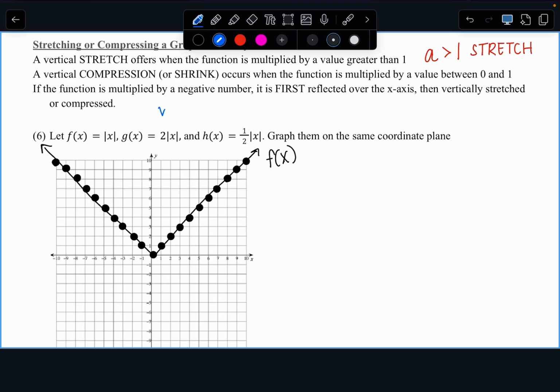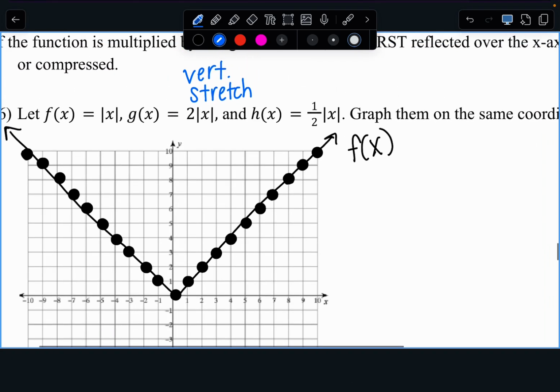This is a vertical stretch because it's saying multiply the y value by 2. So here we still have 0, 0, but instead of 1, 1, we have 1, 2 and negative 1, 2.